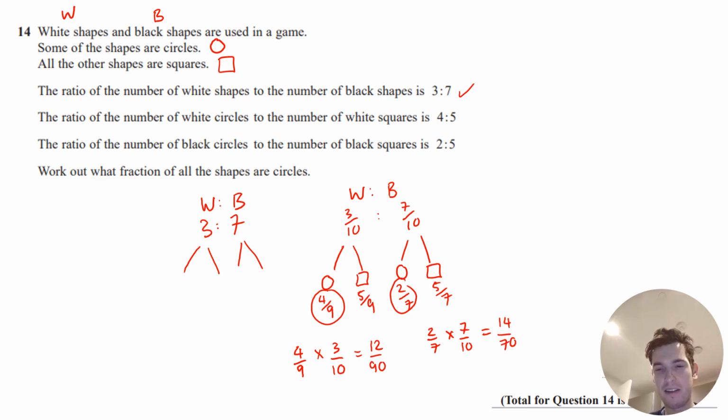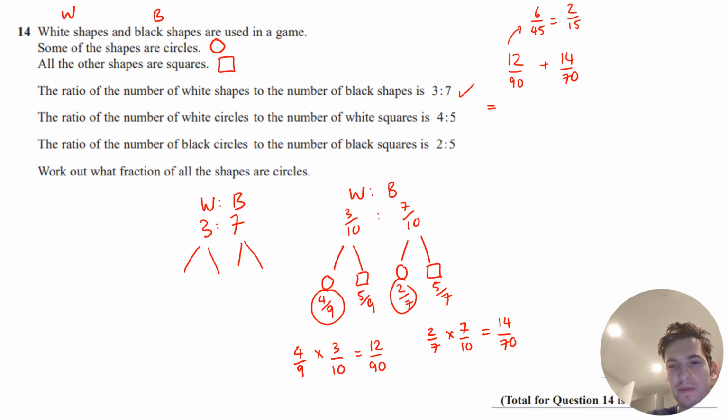So if I add these two fractions together, I will come up with my answer. So I'm going to do this working up here. 12 over 90 plus 14 over 70. Probably makes sense to simplify this first. Let's simplify up here. So divide by 2, 6 over 45. And then divide by 3 is 2/15.